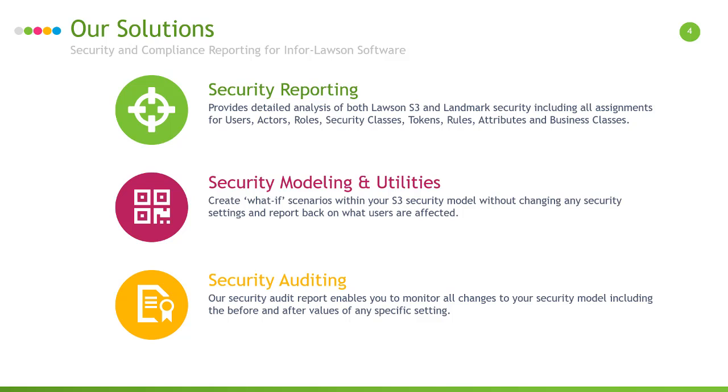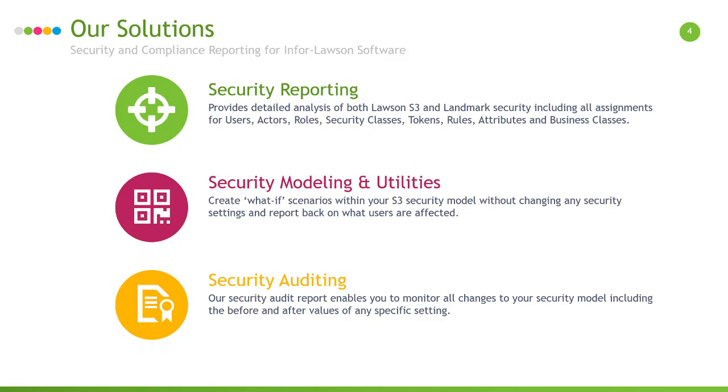So let's just start with a high-level overview of our applications, and we have 6 or 7 applications that do things within Lawson regarding security and monitoring of user activity. So for both the S3 and the Landmark apps, we'll have a full suite of reports for security reporting that'll give you your user access, at the role, security class, object level.